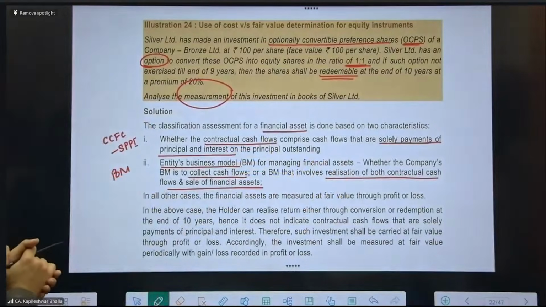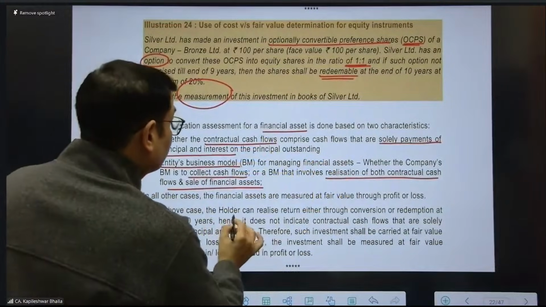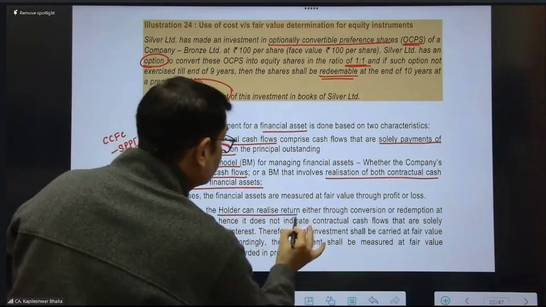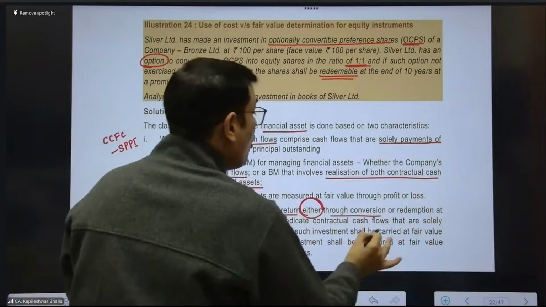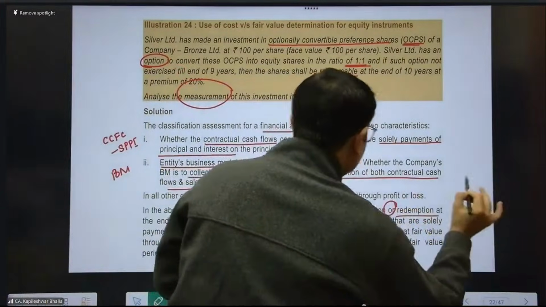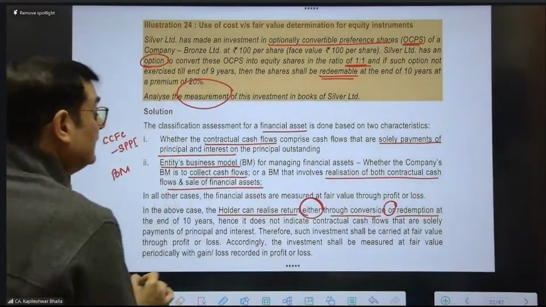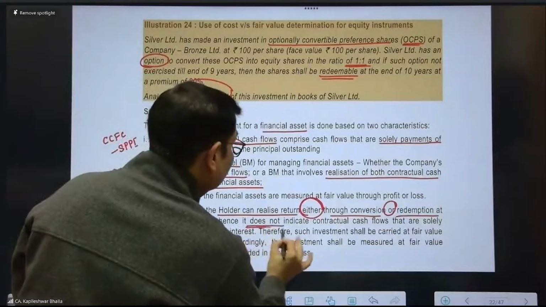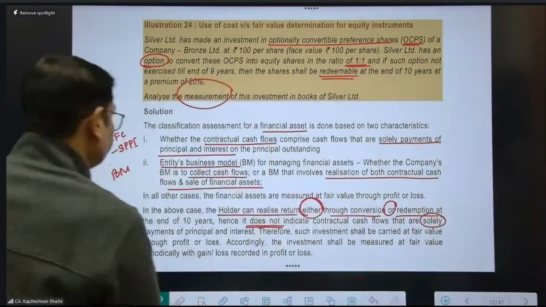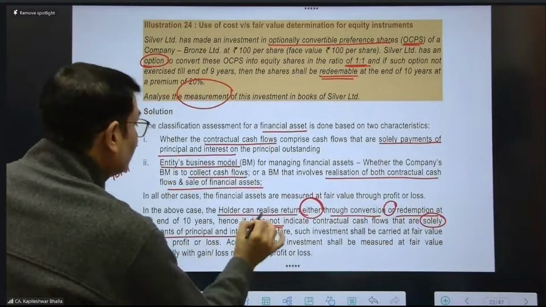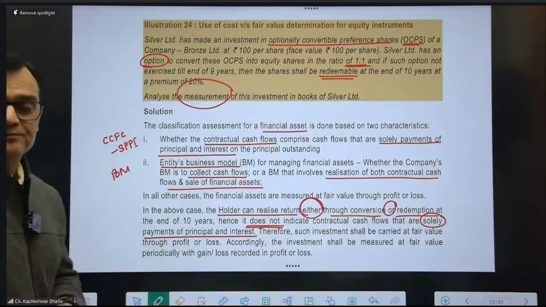Now see what it says. In the above cases, the holder can realize the return either through conversion or redemption at the end of 10 years. Hence, it does not indicate that contractual cash flows that are solely the payment of principal and interest. Did you get the point?